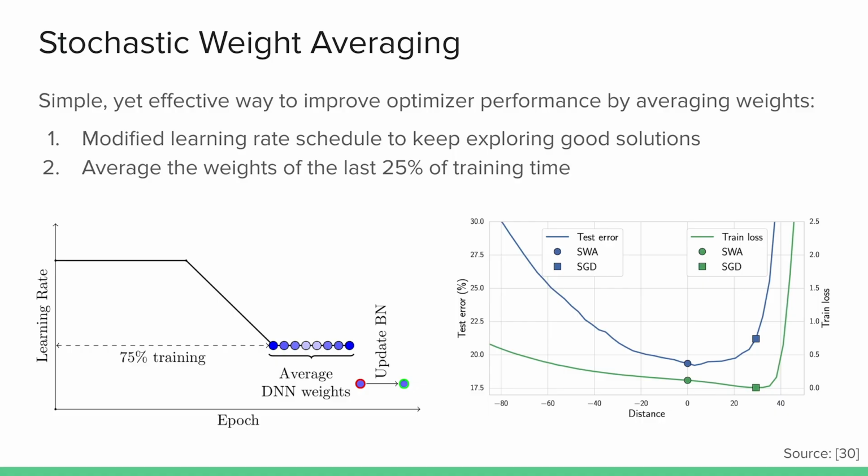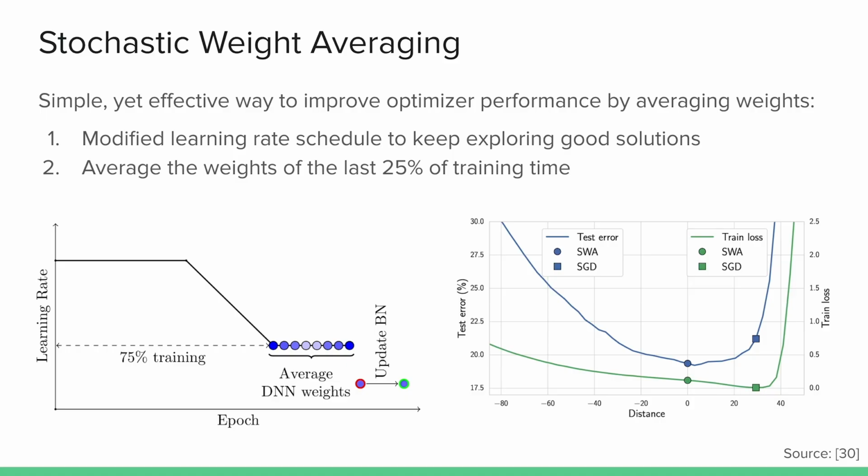You can see in the left bottom image here that initially we start with a high learning rate, and then we perform our usual decrease in learning rate for, say, 75% of the training. For the remaining 25% of the training, we keep a learning rate that is not too low. So we keep a moderate learning rate, and we keep track of the weights that we compute here after a couple of steps.